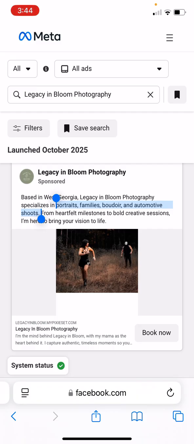And the reason why "here is a solution, do you want it" ads do not work is there's more than one competitor in our market. If we were the only photographer in the city offering portraits or family or boudoir or automotive shoots, here is my boudoir photography business would work.